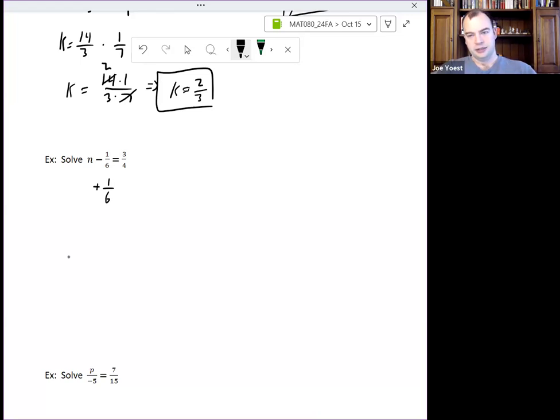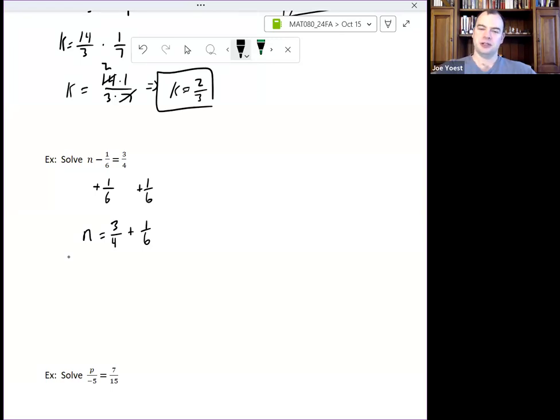I add it on, and I do that to both sides. And the minus 1/6 and the plus 1/6 cancel. I get n equals, and then I get 3/4 plus 1/6. At this point, I've solved for my variable. I just need to simplify the right-hand side.